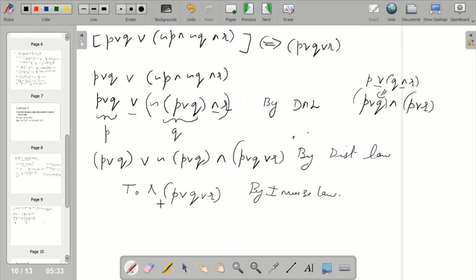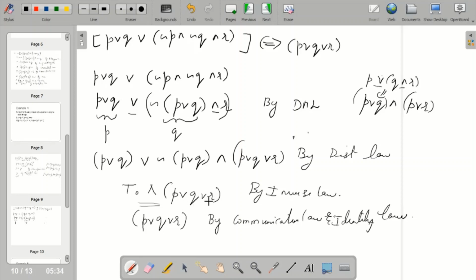After that, true not and this will always give you P or Q or R. By which law? First you need to apply commutative law, that is changing the bracket. I just did it directly by commutative law, and the actual law we use is identity law. So this is the required answer, and that's what we got over here.